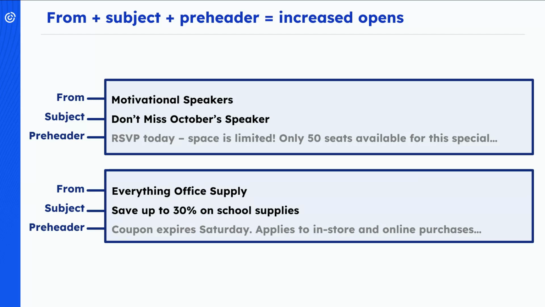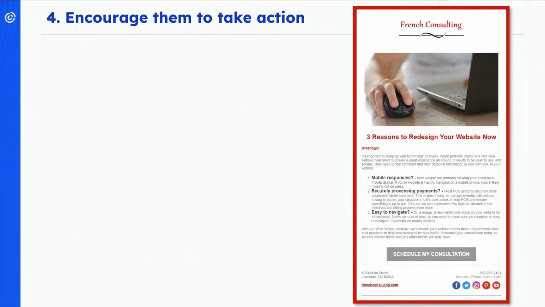Like I said before, it's not enough to just get your subscribers to open the email. You have to get them to take that action once they open it. That's why you need to take time to really think about what you want your readers to do after reading your email campaign. That is your call to action. Tip 4, every email should have one call to action that can be tied back to whatever goal you set.